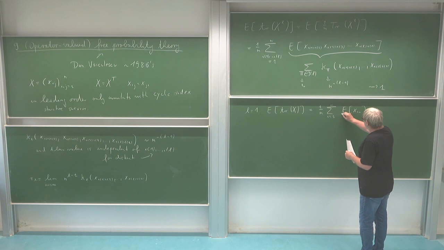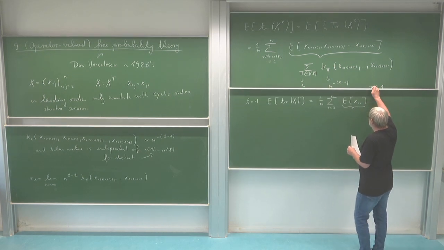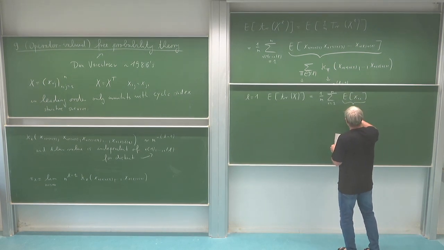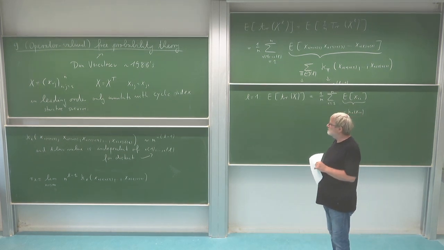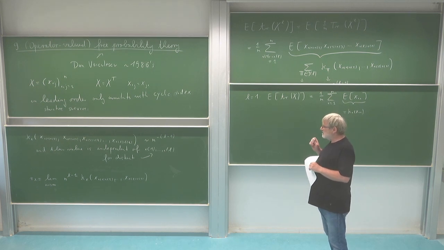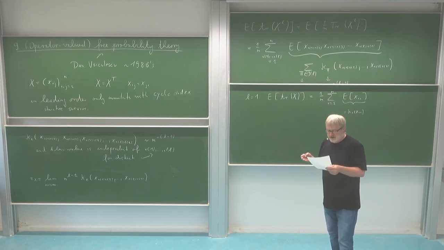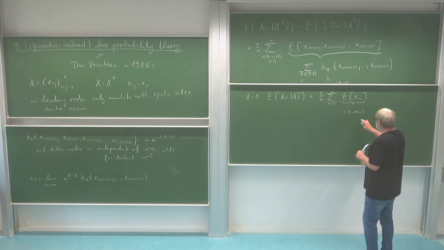Okay, and here the expectation of this is the same as the first cumulant of x_ii. And the first cumulant in our matrix ensembles here is of order 1. So actually this asymptotically behaves like R_1.